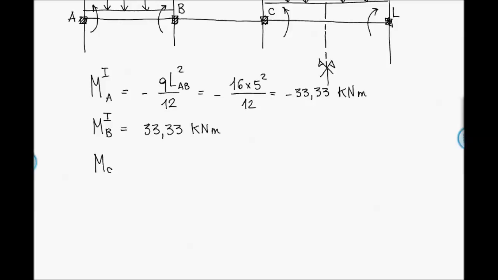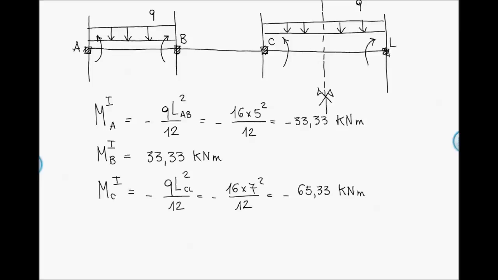M'C is equal to minus Q L_CJ squared over 12, which is equal to minus 16 by 7 squared over 12, equal to minus 65.33 kilonewton meter.